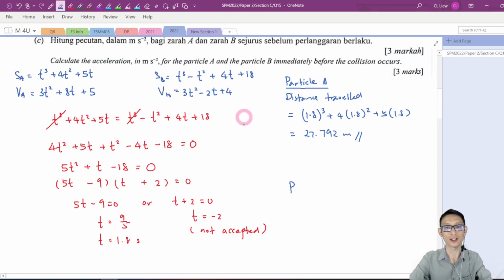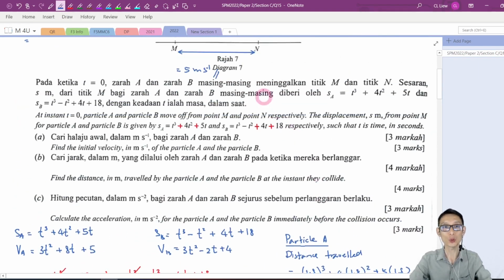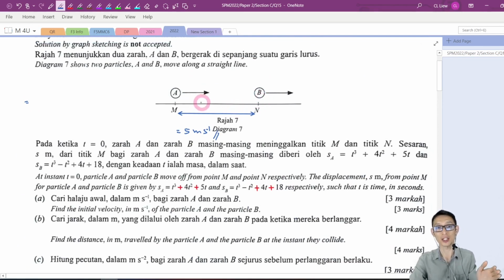So here I can get the distance travelled faster for particle B. I know that the particle B is actually 18 meter on the right hand side of point M, right?